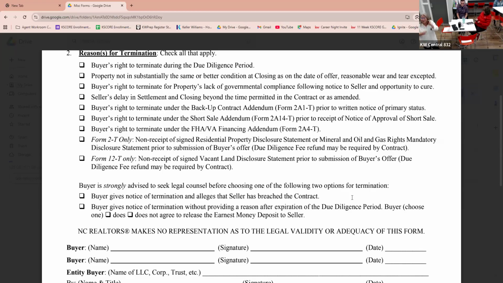And then same thing, non-receipt of vacant land disclosure. Again, anything with either of the two boxes below, talk to an attorney.